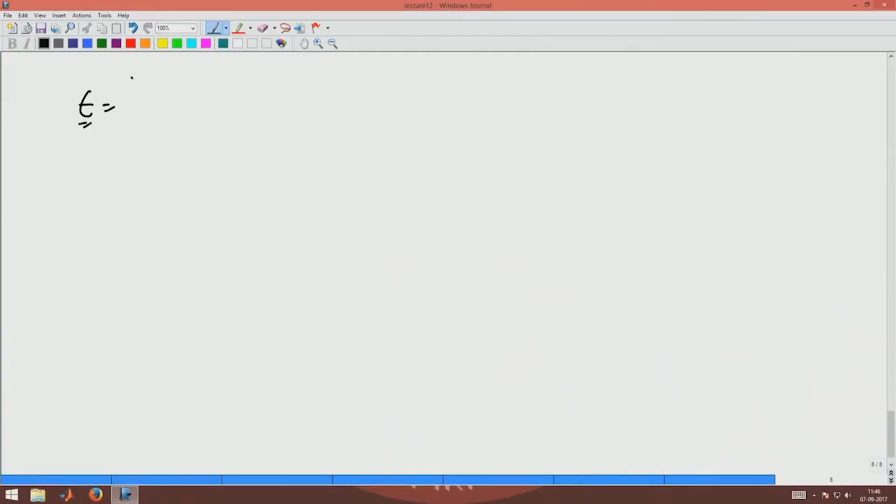Now, you have the strain tensor given by epsilon xx, epsilon xy, epsilon xz. It is a symmetric tensor. So, I will write it as epsilon xy, epsilon yy, epsilon yz, epsilon xz, epsilon yz and epsilon zz.